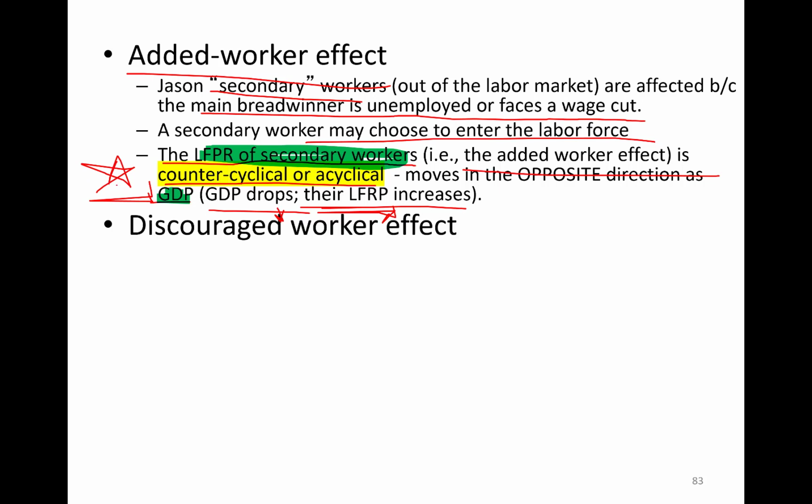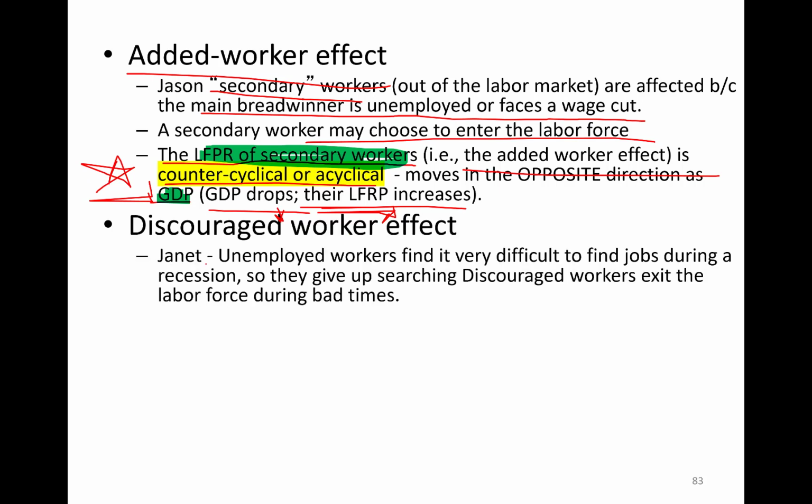Let's talk about the discouraged worker effect. This is Janet's situation. Janet is unemployed, and she finds it very difficult to find a job. These are discouraged people who give up looking for a job. They give up searching. Discouraged workers exit the labor force during bad times. So when GDP drops, the labor force participation rate of discouraged workers will go down.